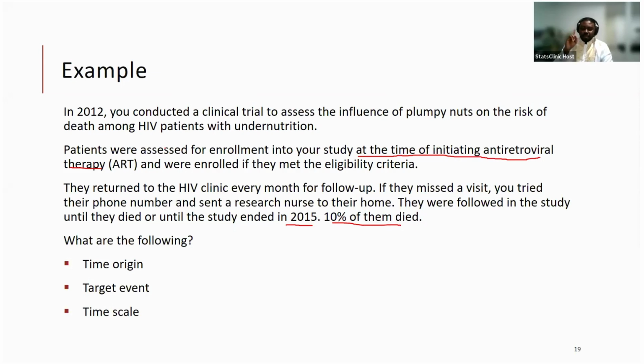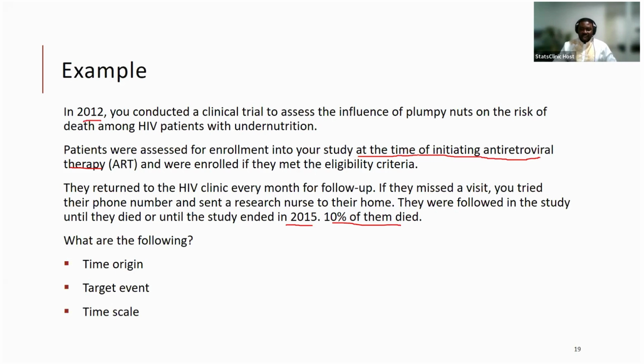The reason we are making this distinction is that in large studies where you're enrolling maybe 1,000 or 2,000 people, you might start enrolling today, but you might not finish enrolling these patients for 2-3 years. That means you cannot always use the calendar year to determine the time origin.